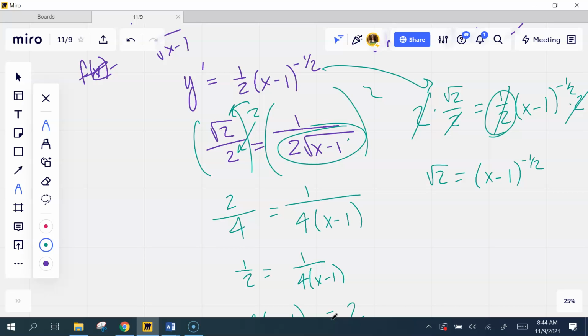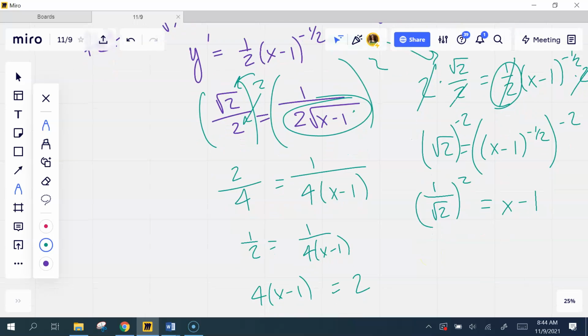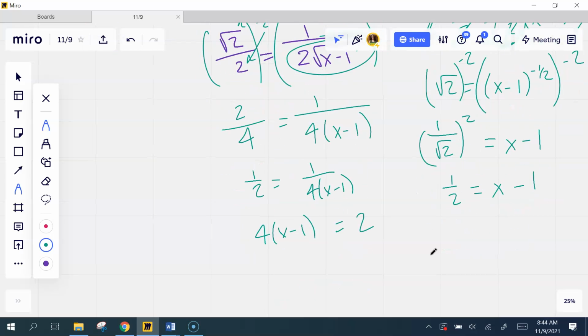Now, just like when you had that negative 1/3, what can I raise both sides to? Negative 2. The negative just flips it, so really this is 1 over the square root of 2 squared. That's 1/2, and just add 1. So if I'm back over here, I divide by 4, I get x minus 1 equals 1/2.